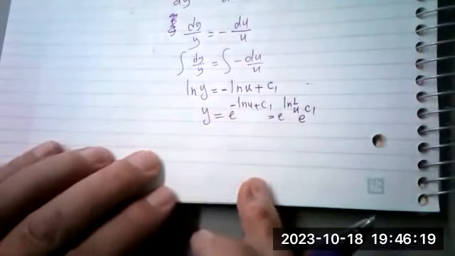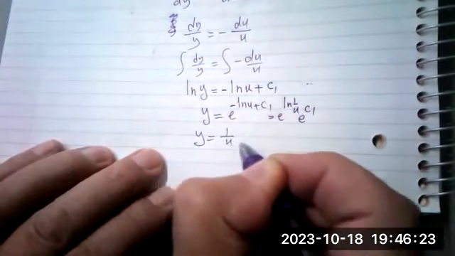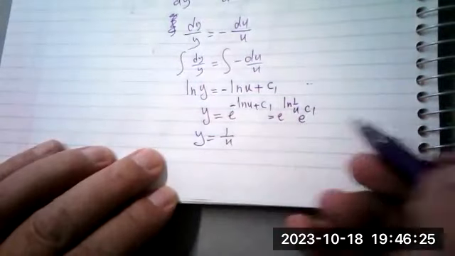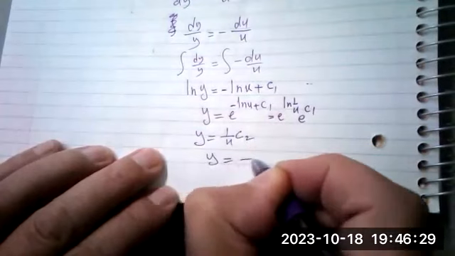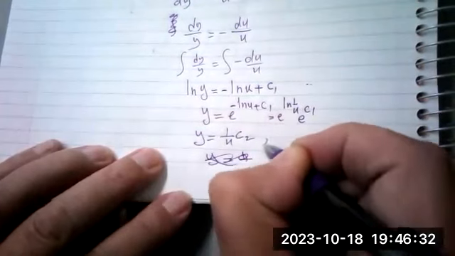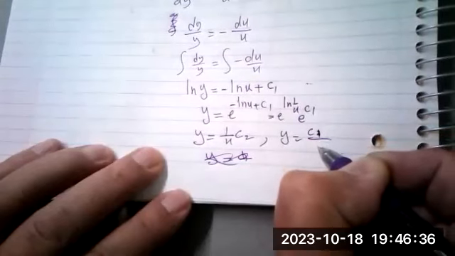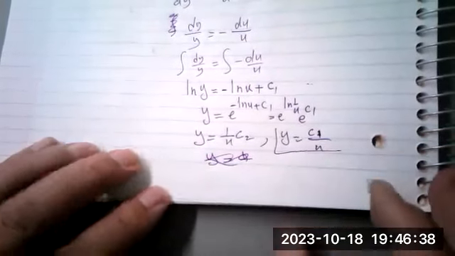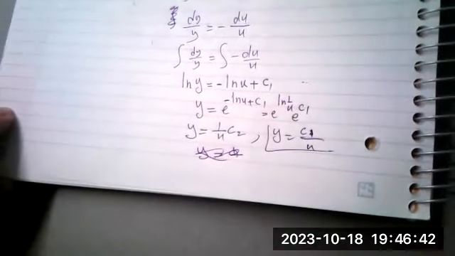So now that gives you y equal to 1 over u. You can call this one c1 again, it doesn't matter. So y would be c1 over u again. It's one way to do it. Any question? Different way to simplify it.